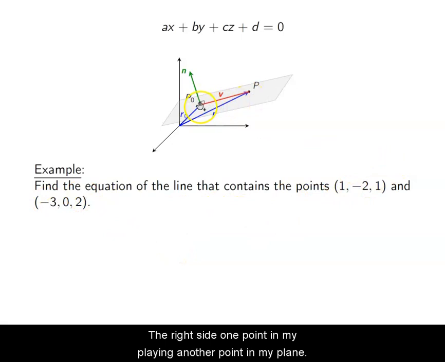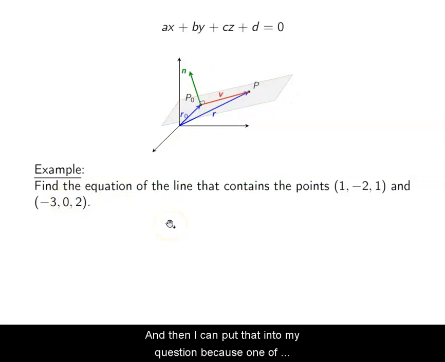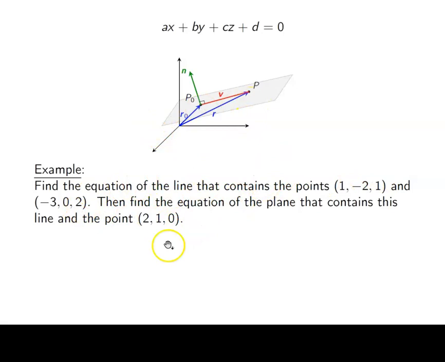The vector that starts at one of these and terminates at the other is my vector v, and then I can put that into my equation, because one of these would be r naught, one would be r, the distance between them would be v, and so I would have enough to create my equation of a line.